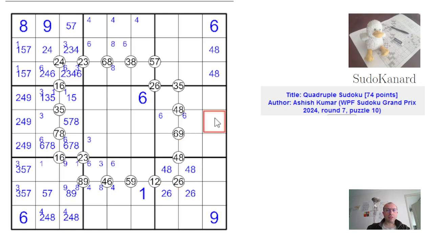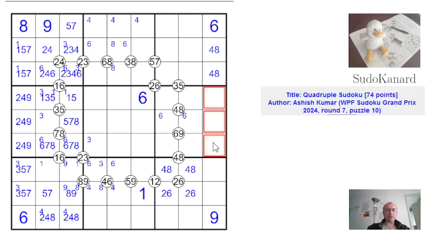Two is somewhere in here. That doesn't help me. Or 6, 5, 9. It's easy to overlook something. Oh yes, it helps me.